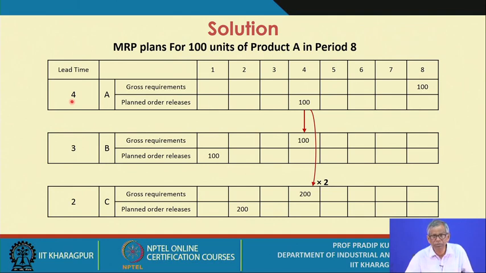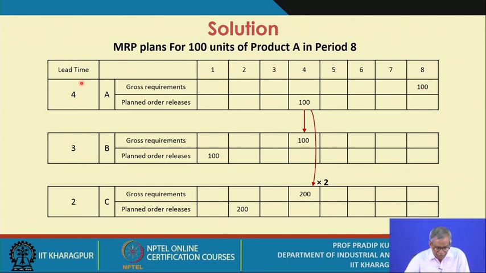As you refer to the figure, you will find that against A, the lead time is mentioned as 4, that is 4 time periods or 4 weeks. So you need this item at time period 8. That means the gross requirement is 100.